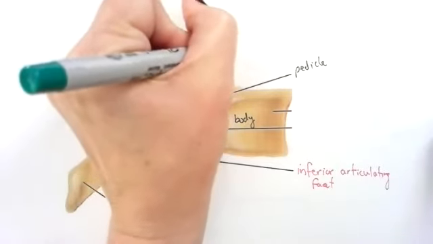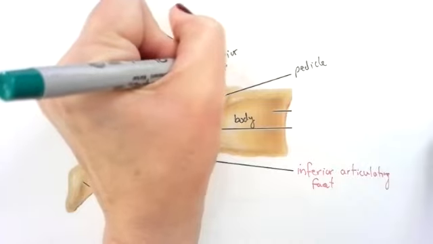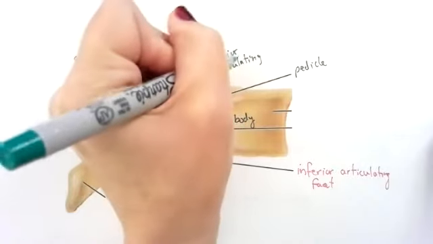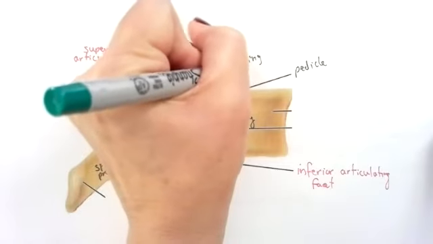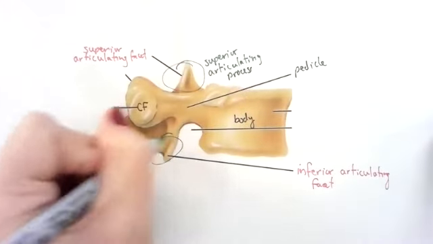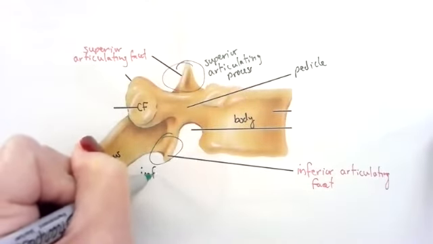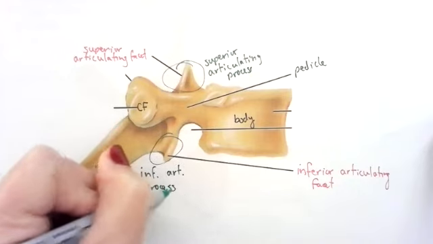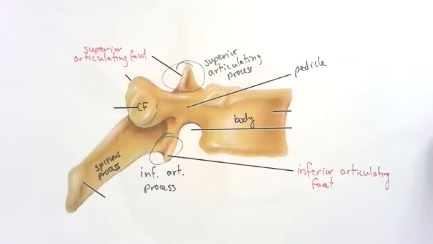So we have the superior articulating process. And down here, I'm going to have the inferior articulating, I'm going to abbreviate, process. So we can see that on thoracic vertebra, our facets that are going to articulate with the vertebra above and below will lie on top of this process.